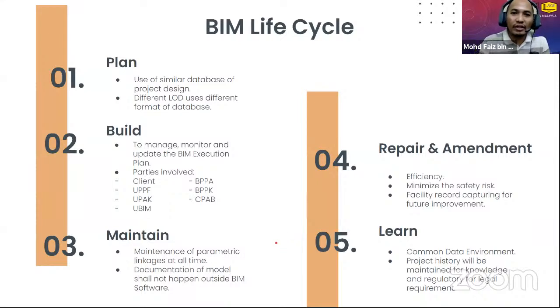Okay, this one. I think maybe you can add, because this project is a pilot project. So we start from the planning stage until the handing over, and then we continue with the asset and facility management for this project. What I see is that your BEP just covers the asset and facility management BEP.